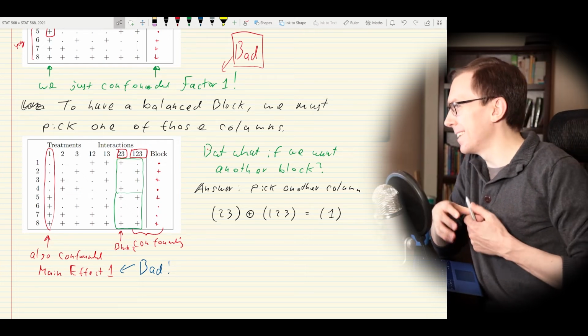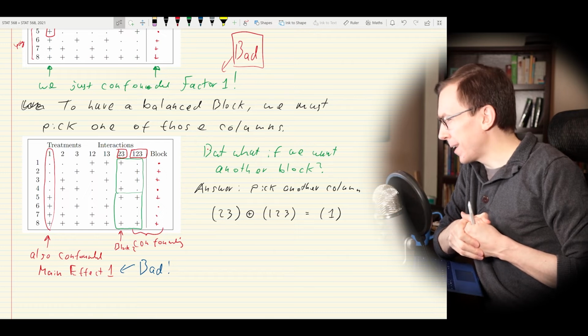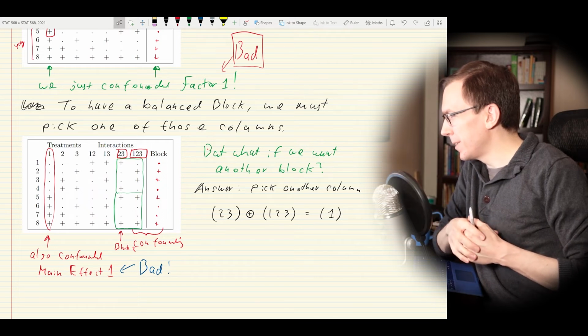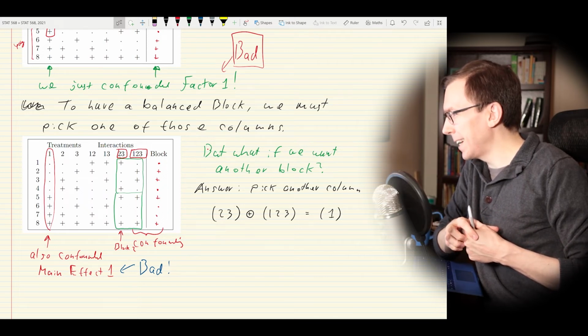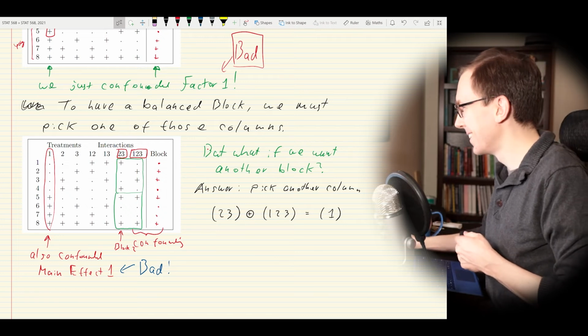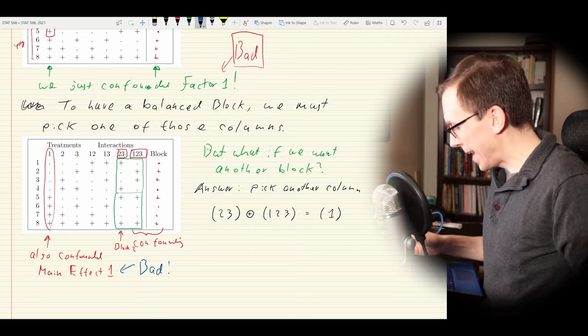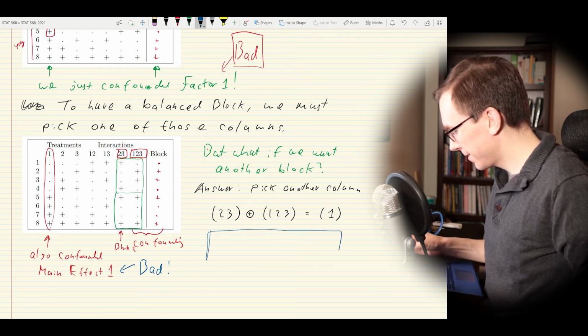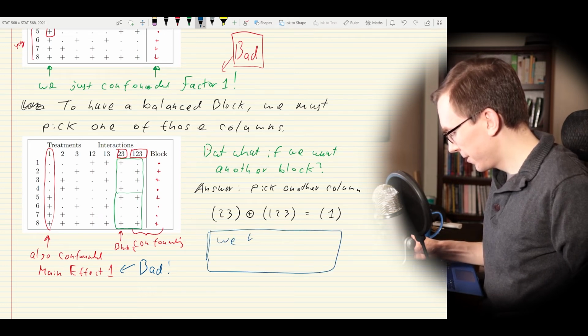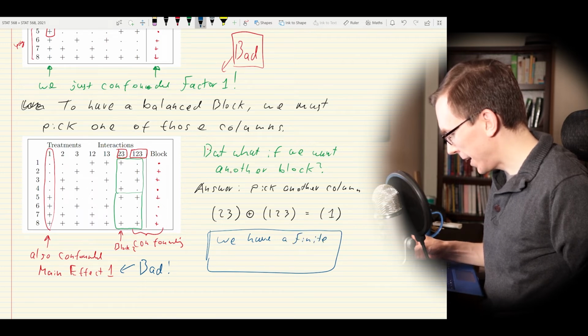It's, in fact, I think an abelian group, right? Because it should be commutative, right? Yeah, so it should be finite. Yeah, finite abelian group is the right term. So, fun math fact. We have a finite abelian group.